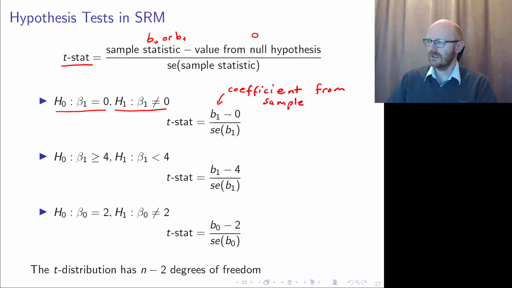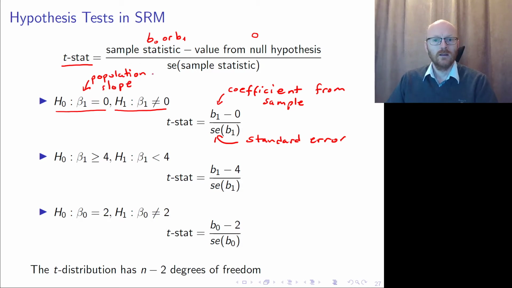and we deduct the cutoff value, and we measure this distance in terms of the standard error, right? And this would be the population slope.